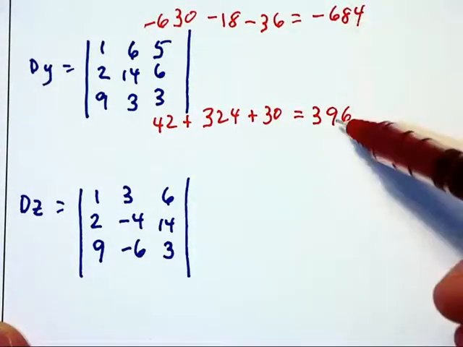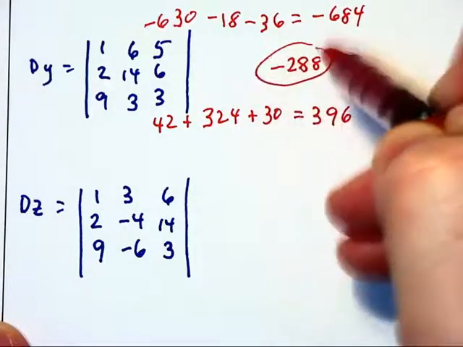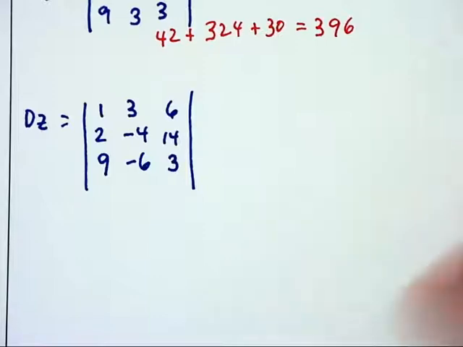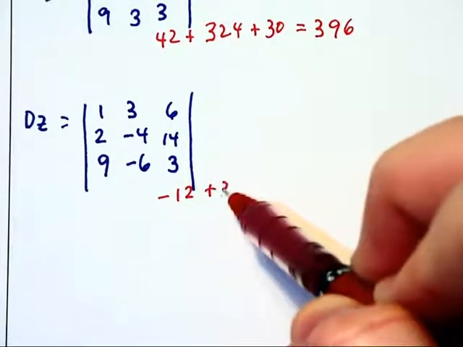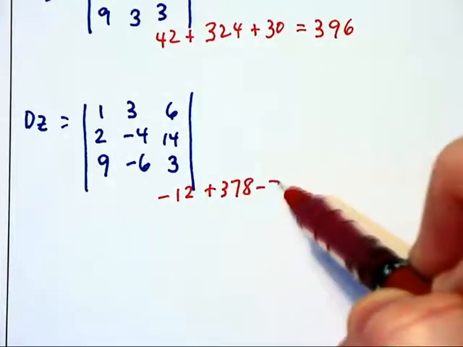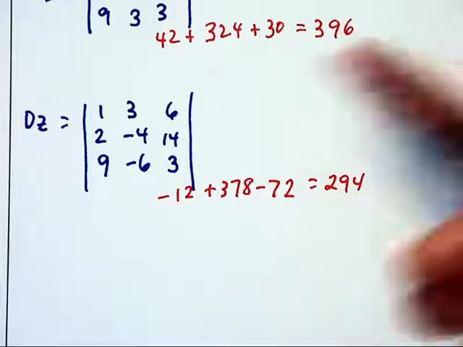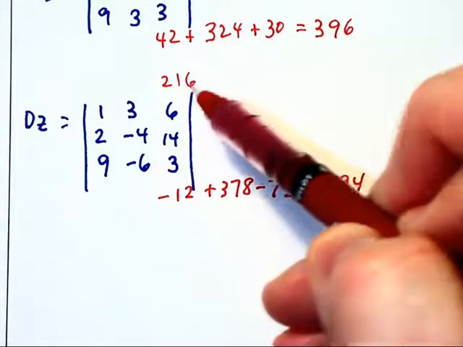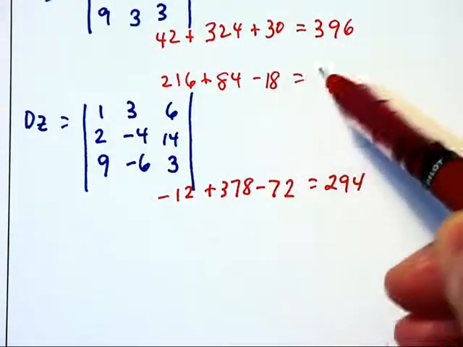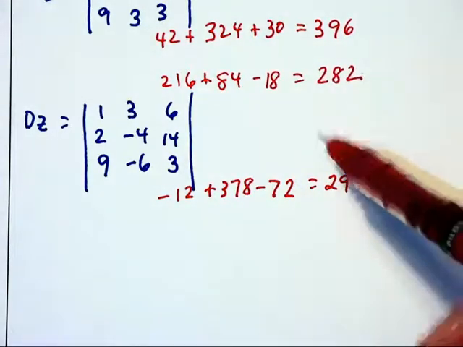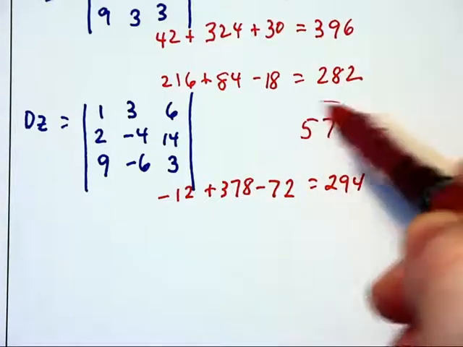And adding these together, again we get -288, which is a nice number for us to see. For dz, our numbers across the bottom will be -12 plus 378 minus 72, adding up to 294. And across the top, 216 plus 84 minus 18, adding up to 282. These top and bottom values add up to 576.